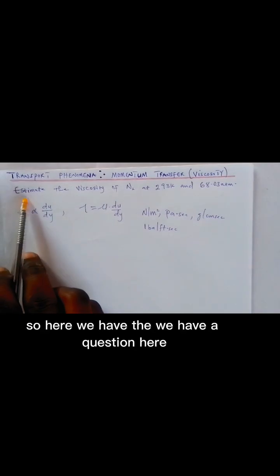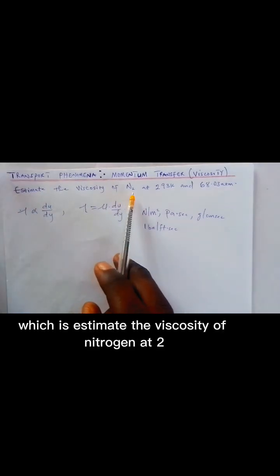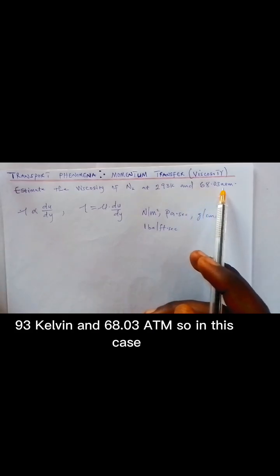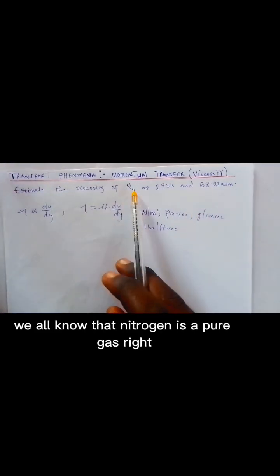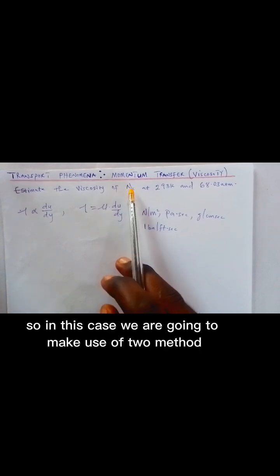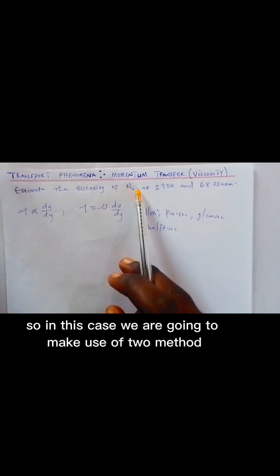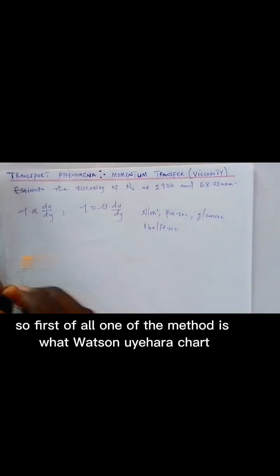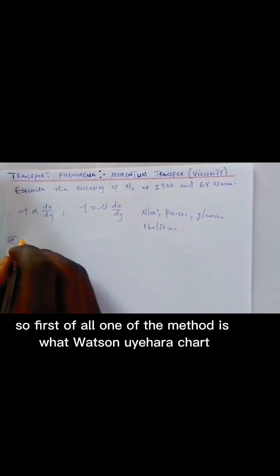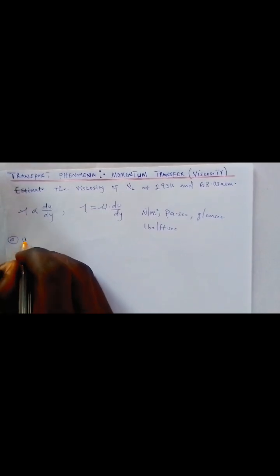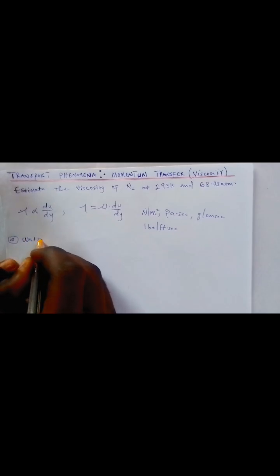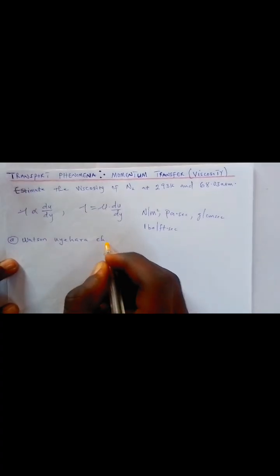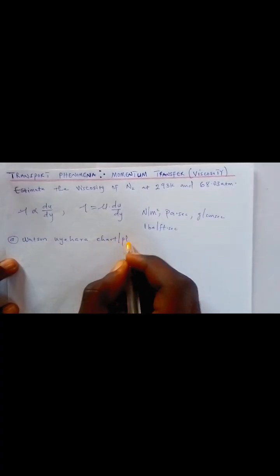So here we have a question, which is: estimate the viscosity of nitrogen at 293 Kelvin and 68.03 atm. In this case, we all know that nitrogen is a pure gas, right? So in this case, we are going to make use of two methods related to the condition of the question. First of all, one of these methods is the Uyehara chart or plot.